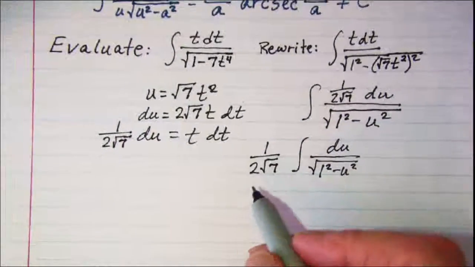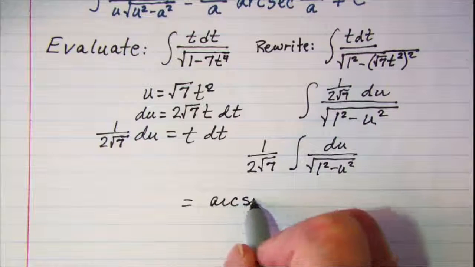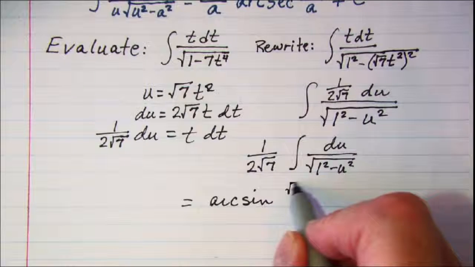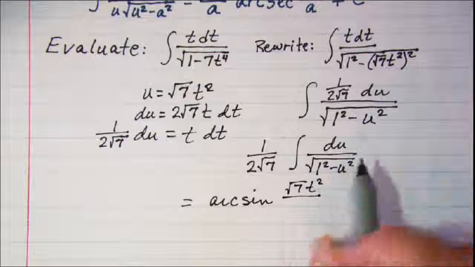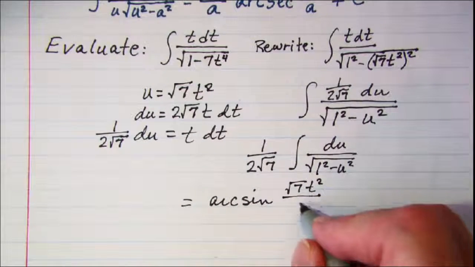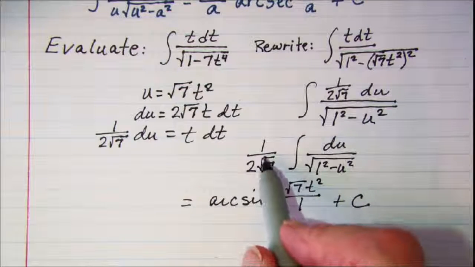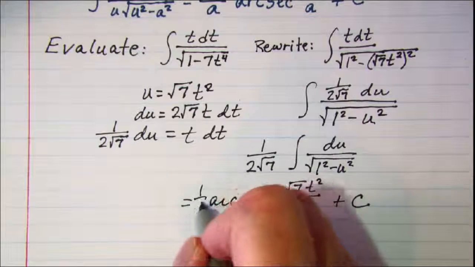So this will equal arcsin, u was root 7 t squared over, and then a was 1 plus a constant, and then I also have to write my 1 over 2 root 7 out in front.